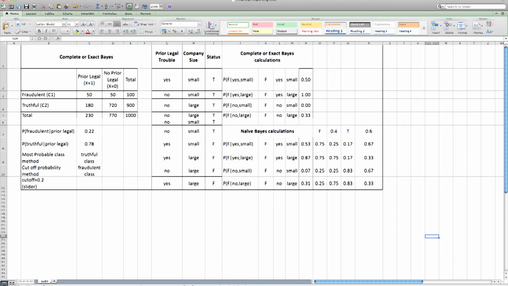So the conditional probability would be computed using these numbers, 180 divided by 230. This gives us the probability of a particular record belonging to the truthful class given they had prior legal trouble. This number comes out to be 0.78.